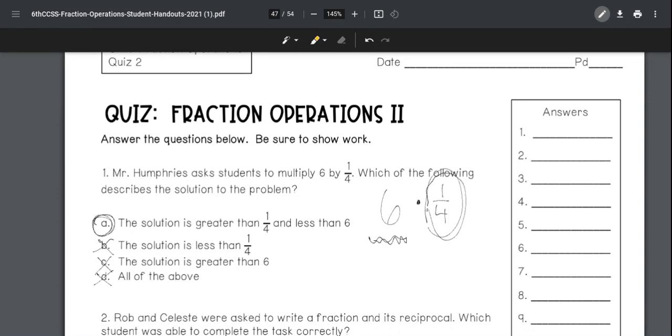If you multiply this problem out, you will end up getting 1.5. Okay, so number 1 is A.